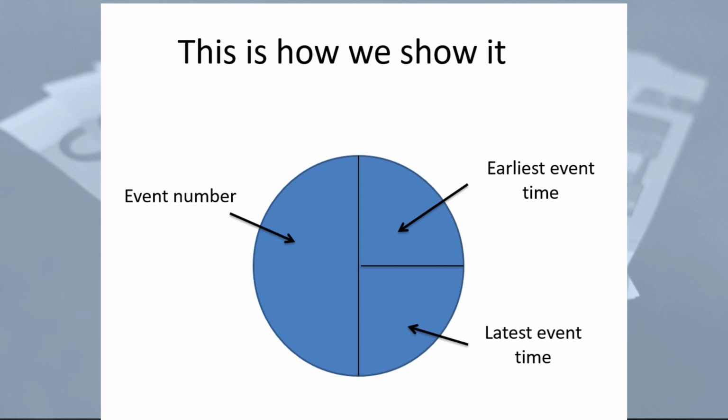Then we have the earliest event time, and at the bottom right we have the latest event time. The latest event time is the time by which we must do this in order for the project to be completed on time and therefore on budget.